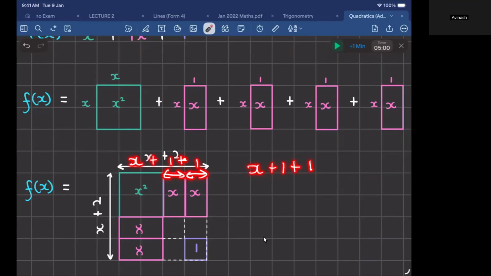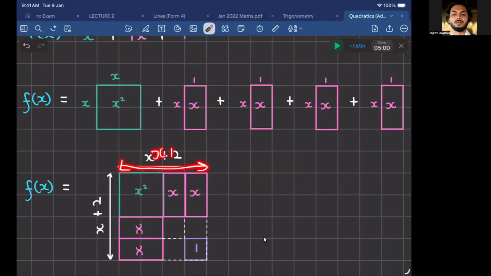Figure it out. I know you can do this. x plus 2. I'm not sure, sir. Yes, it's x plus 2. Why are you not sure? Where's 1 plus 1? 2. Right, x plus 2. Don't overthink it. It's simple. So this would be x plus 2.